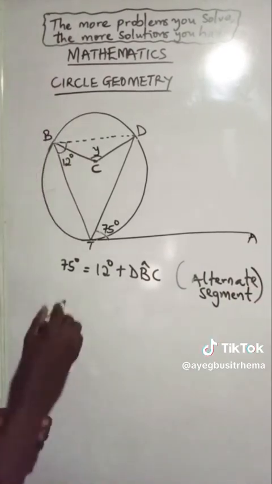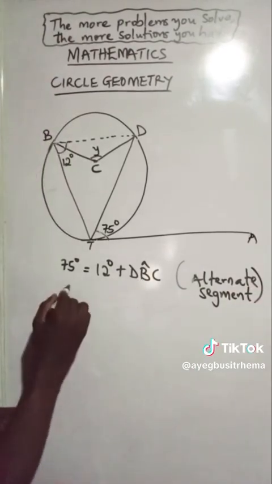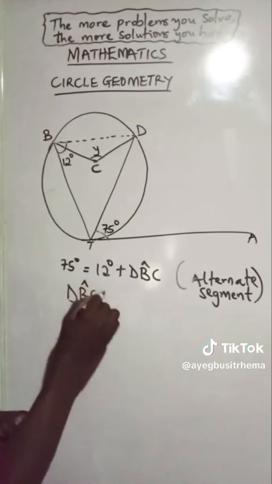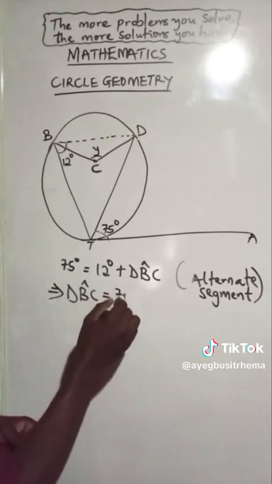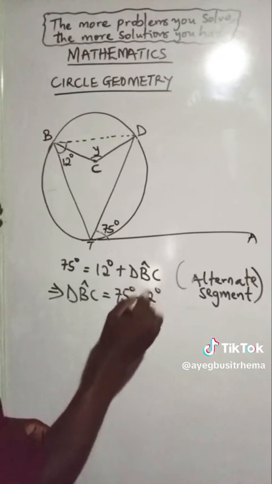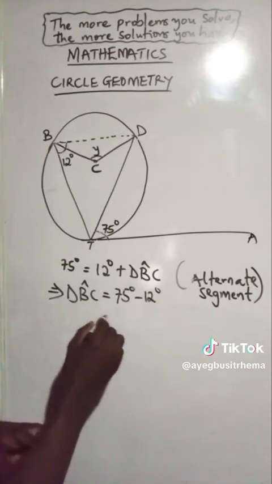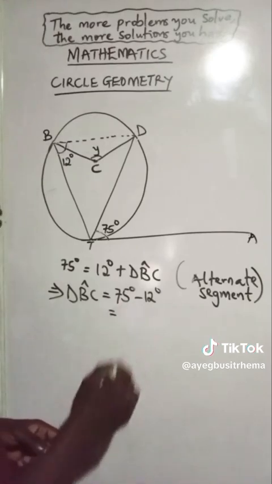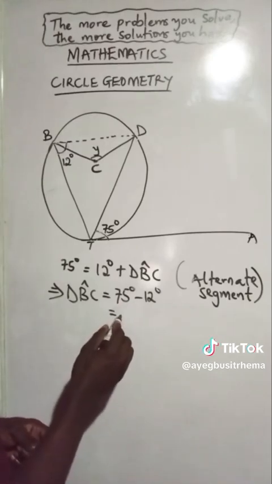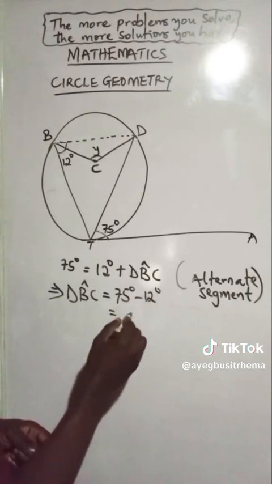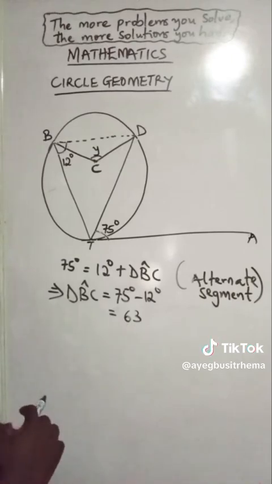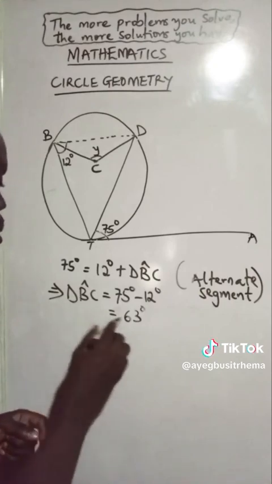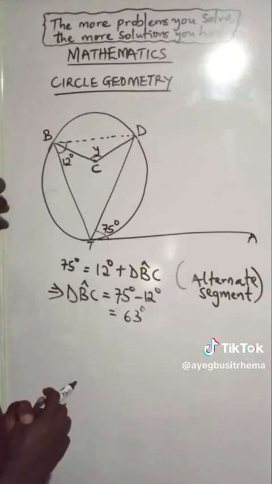This implies that DBC will be 75 degrees minus 12 degrees. That should give us 5 minus 2, that's 3, 7 minus 1, that's 6. Am I right? Yes, 63 degrees. So DBC equals 63 degrees.